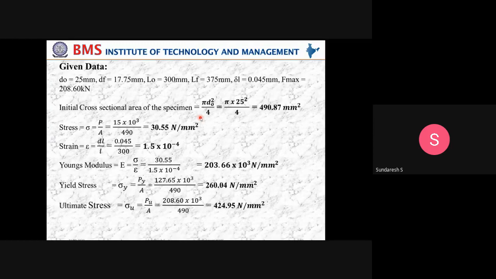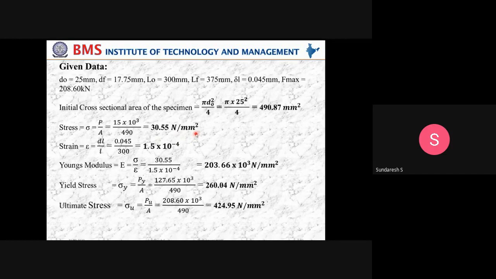Then moving on to the stress. Sigma is equal to P by A, which is equal to 15 into 10 power 3 divided by 490.87. Put 490.87 and get me the value of the stress, which is equal to 30.55 Newton per millimeter square. Please do that.